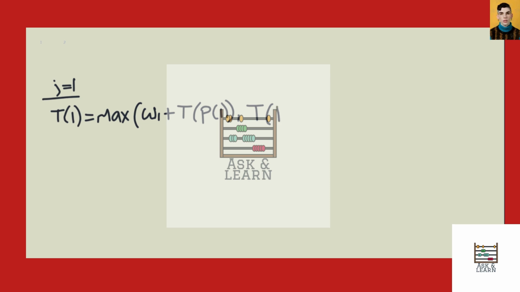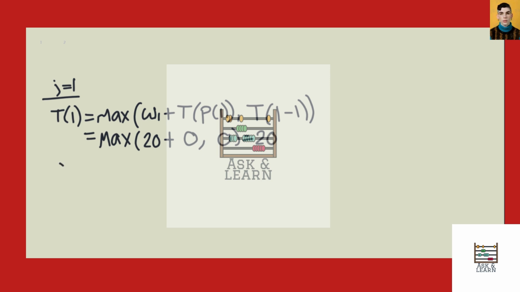So in this case, j is equal to 1, so it's 1 minus 1. Now here, we get the max of 20 plus, well, P of 1 was 0. There's no compatible talks, and T of 0 is 0.